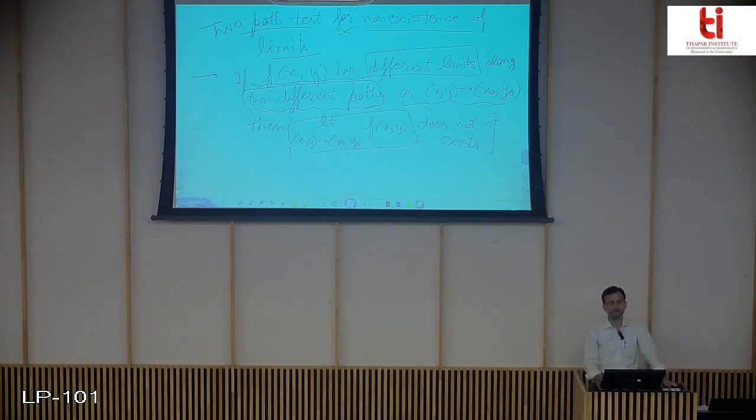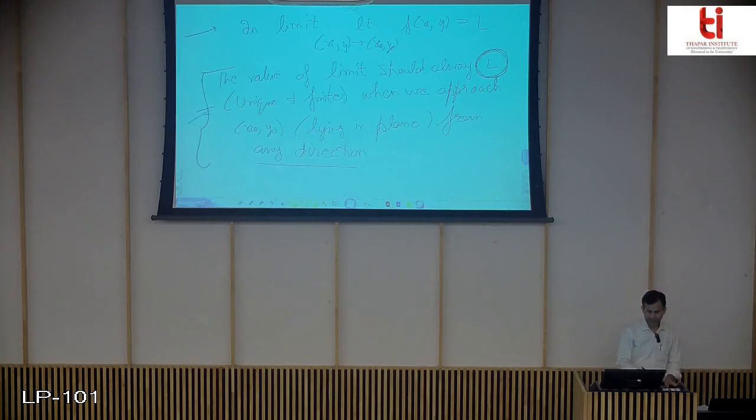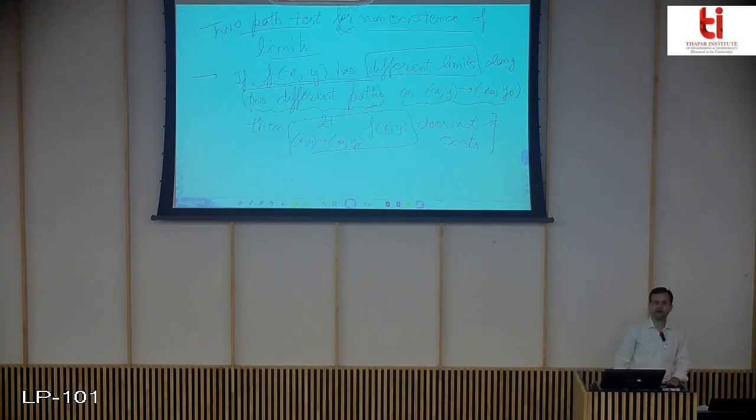Why? Geometrically, we see that whenever the limit of a two variable function exists, it will always remain the same whatever path we follow to reach that point. So if the limit comes out different along any two paths, the limit should not exist, because it should be unique.